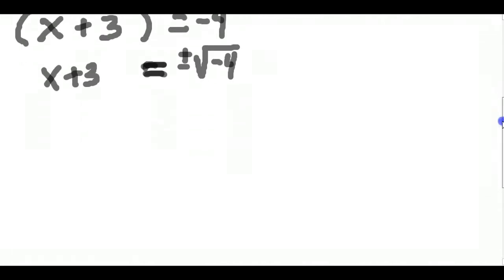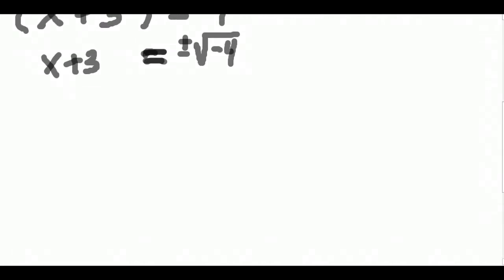And what happens when we have plus or minus square root negative 4? What does that become when we take the square root of it? Not negative 2. So we have x plus 3 equals plus or minus. Now if we have the square root of negative 4, you have to pull out an i, i times the square root of 4.